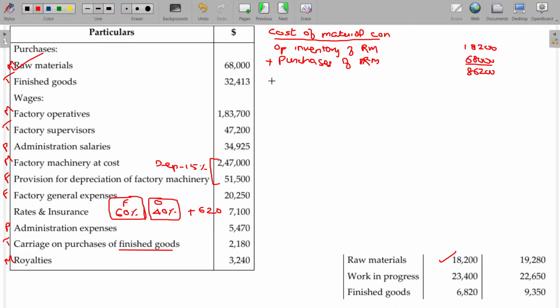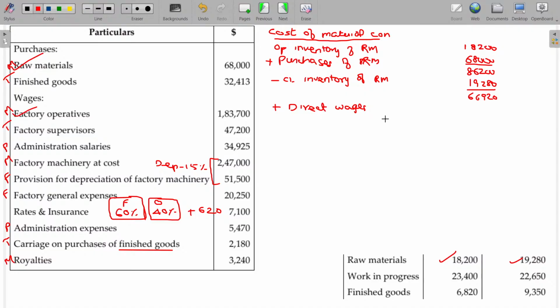From there, you have to subtract closing inventory of raw material, 19,280. If I subtract, then the value being 66,920. You have to add direct wages. Factory operative wages will be called as direct wages.